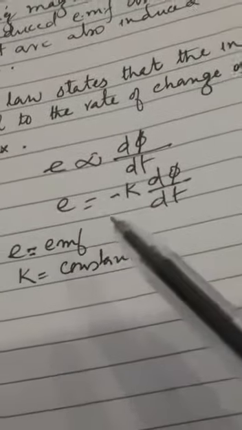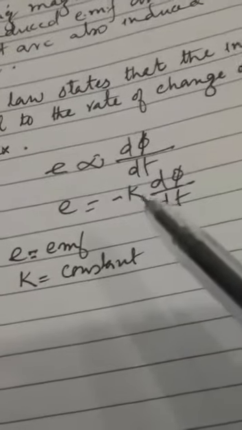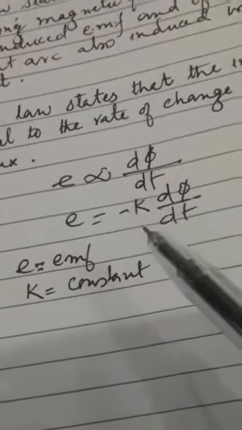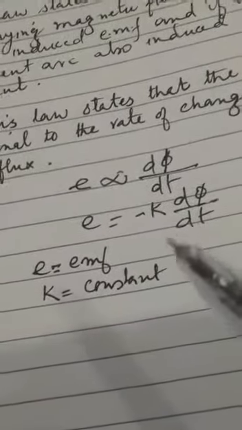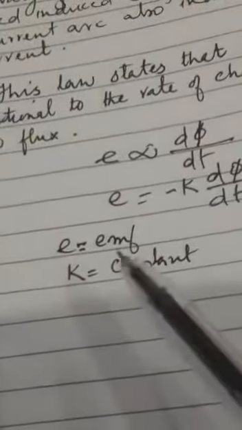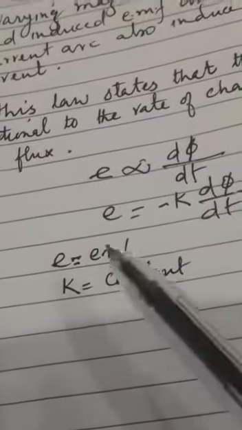So E, electromotive force, is equal to minus k d phi by dt, where k is a magnetic constant, and E is the EMF, electromotive force.